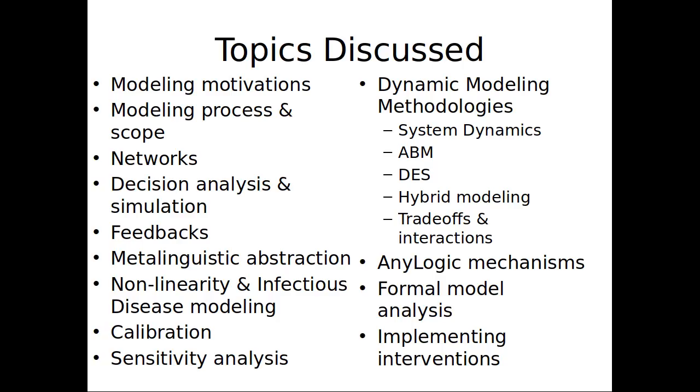Talked a little bit about metalinguistic abstraction. Nothing fancy here, but you should know what the term means. Basically, as computer scientists, we can choose not only how to frame a problem, but in what language to frame it. And we can build our own languages to frame them. And here in this class, we've looked at 3 languages for describing complex systems: system dynamics, agent-based modeling, and discrete event modeling.